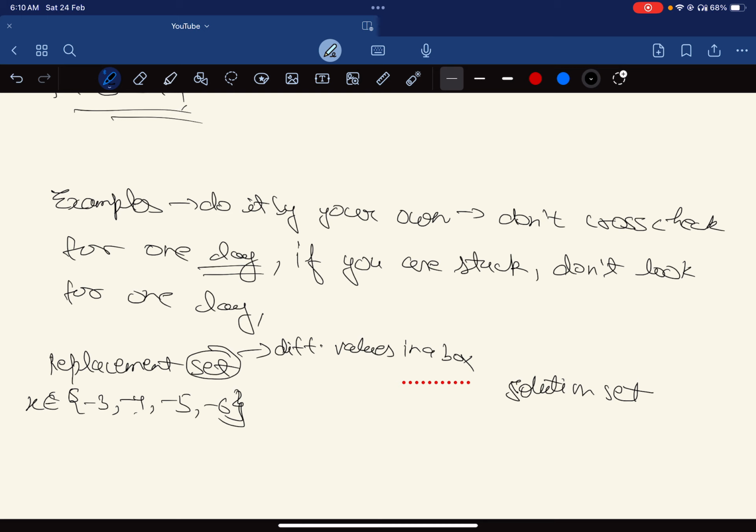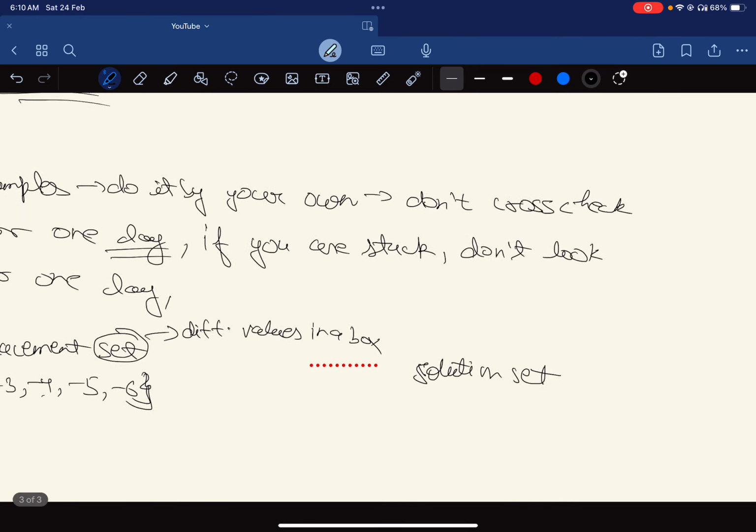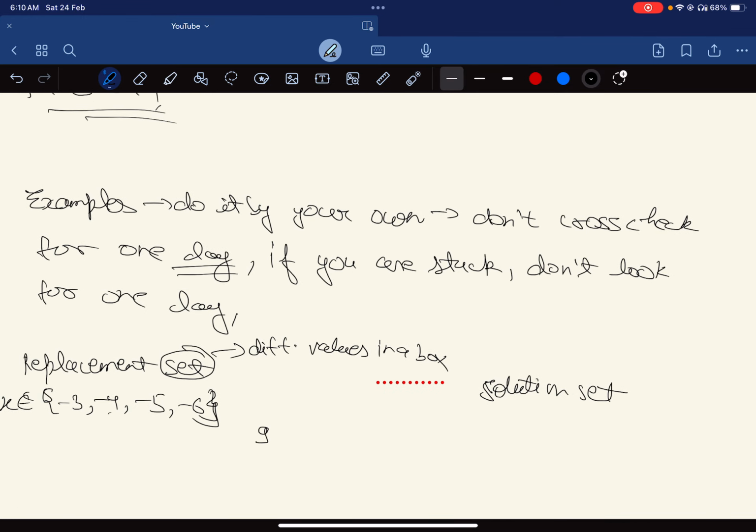And they say solve for this: 9 is less than or equal to 1 minus 2x. What will be our strategy? We'll have to make this x alone. The most efficient way is to bring this x here so that we can know the values.